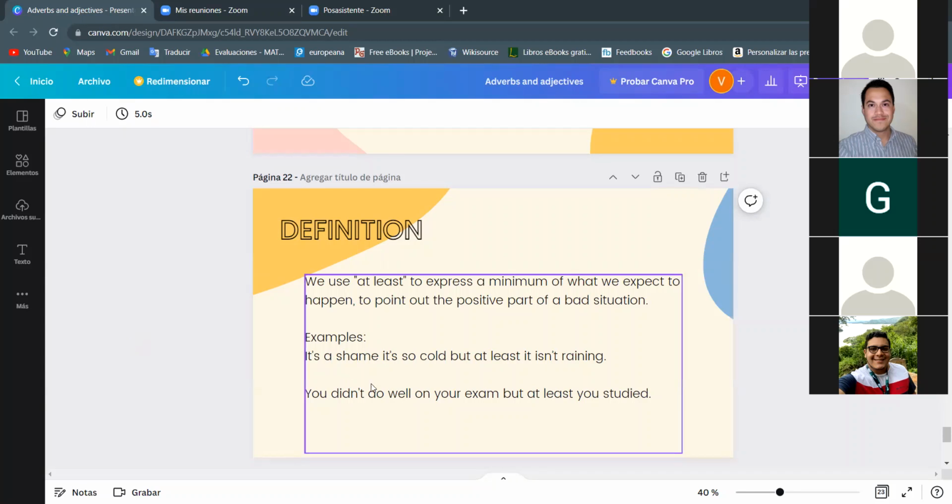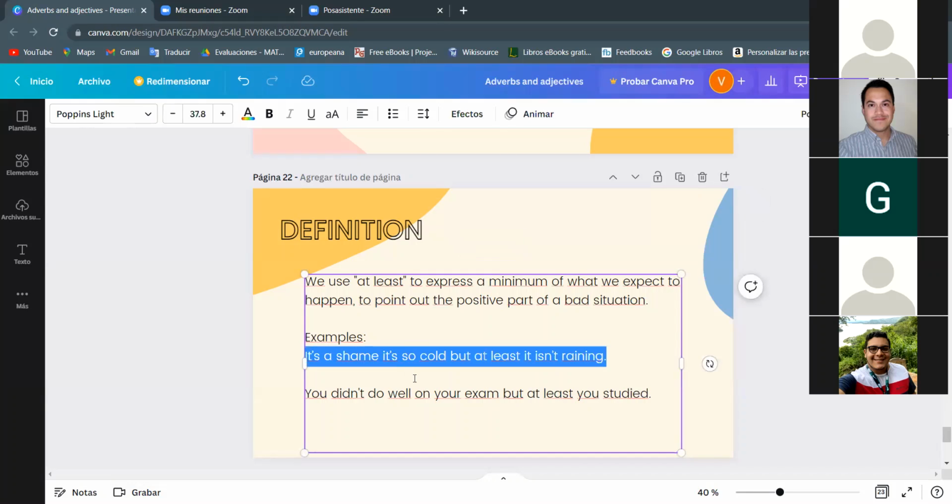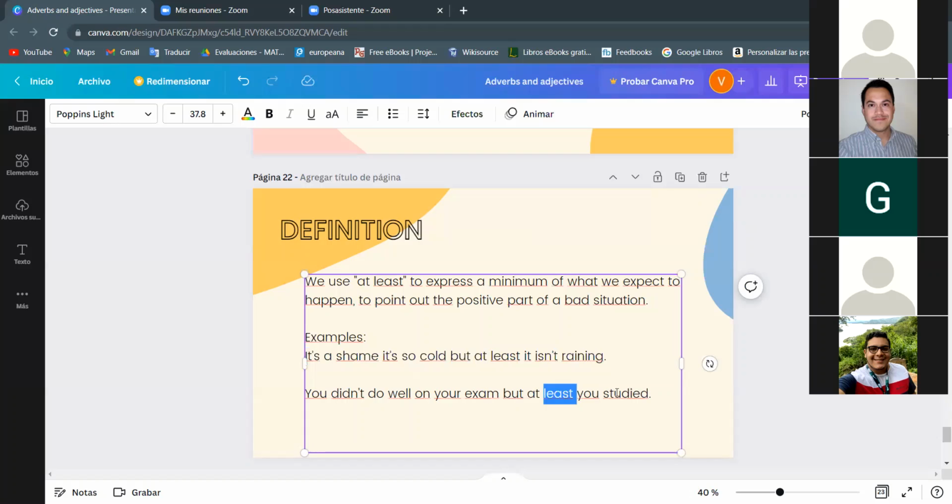Good, thank you. Gustavo, what is the good thing in this sentence? The good thing is that it's not raining. Good job. And Wilber, what is the good thing in the second one? Can you read it and tell us, please? That the person studied for the exam.